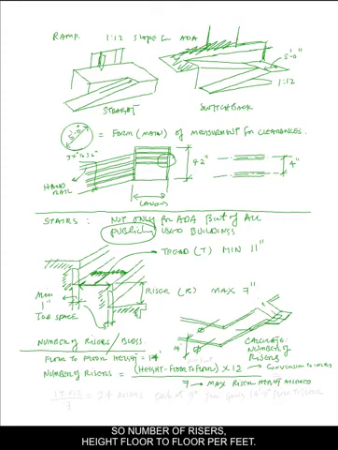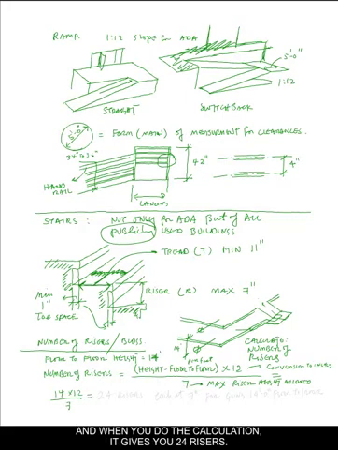So, number of risers, height floor to floor in feet. So let's say it's 14 feet, multiplied by 12 divided by 7. And when you do the calculation, it gives you 24 risers.